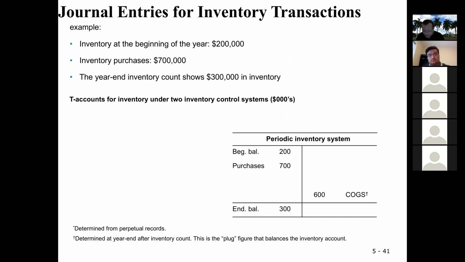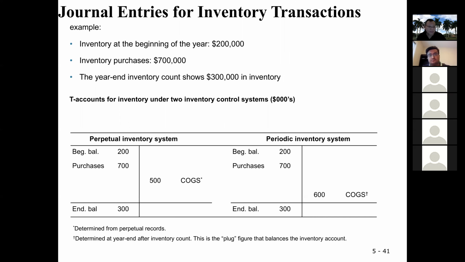Let's take a look at the perpetual inventory system. Similar idea: beginning 200, purchases 700, ending balance 300. Over the year they keep track of the cost of goods sold, and they find that the amount is 500. They keep track of every transaction, and all these transactions add up to 500,000 of cost of goods sold.